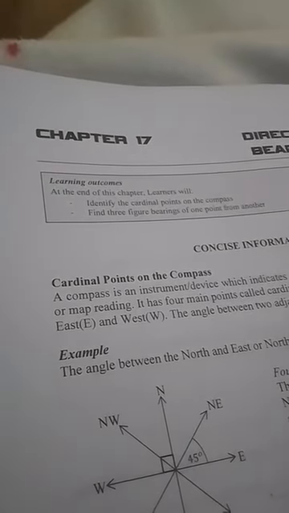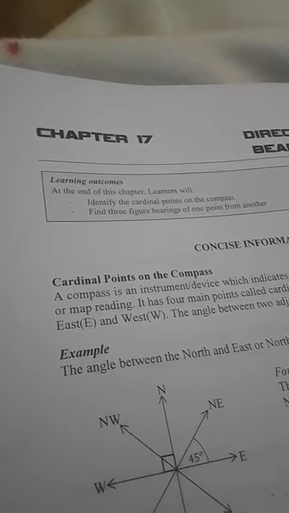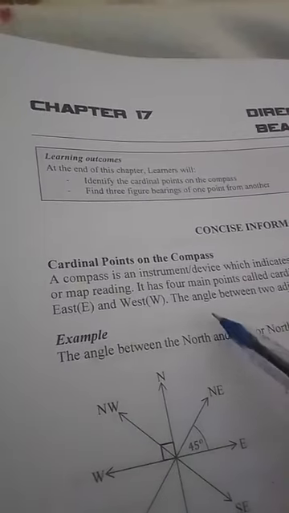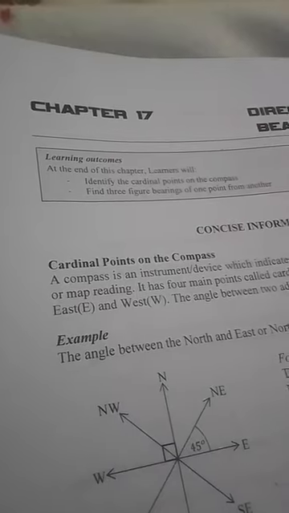The angle between 2 adjacent cardinal points is 90 degrees. Adjacent means next to each other, not opposites.